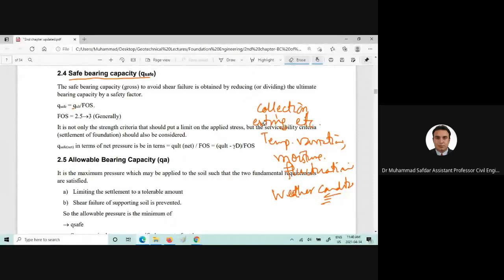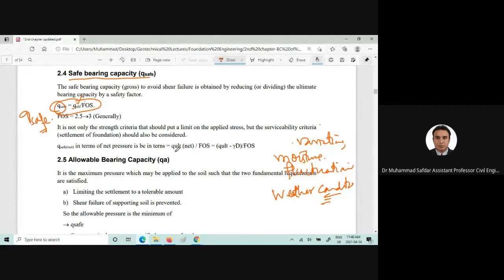Now that is known as the safe bearing capacity. For the case of the allowable bearing capacity, there are different terms because we can also find the net bearing capacity. If you divide the ultimate bearing capacity by the factor of safety, we get Q safe.